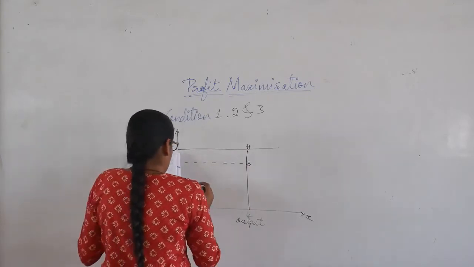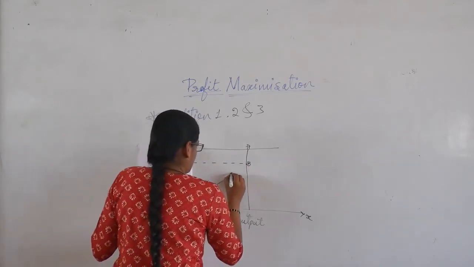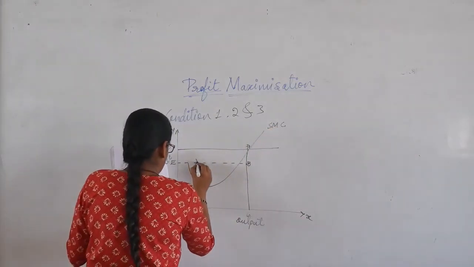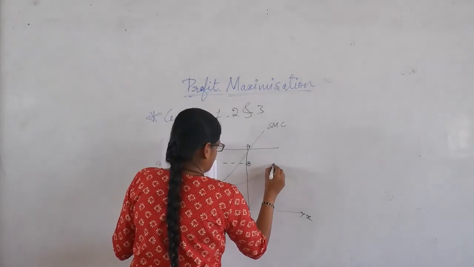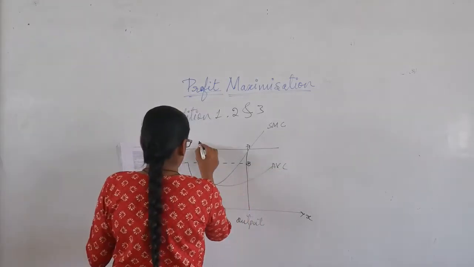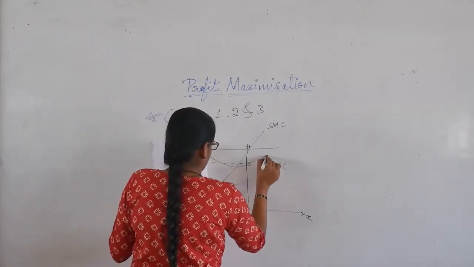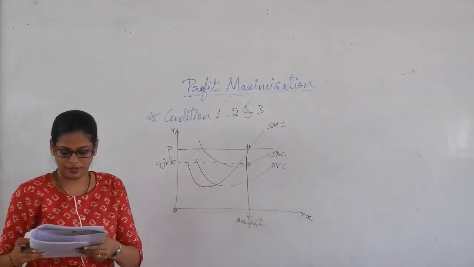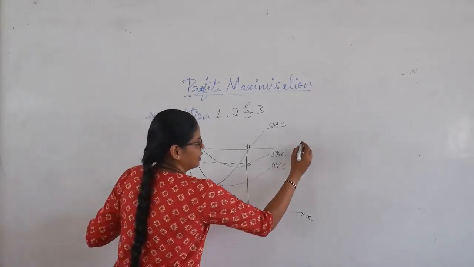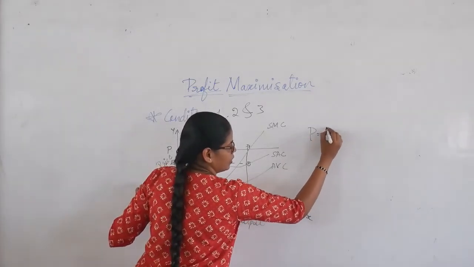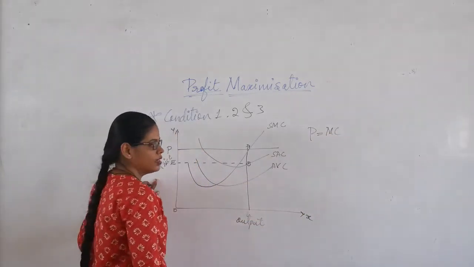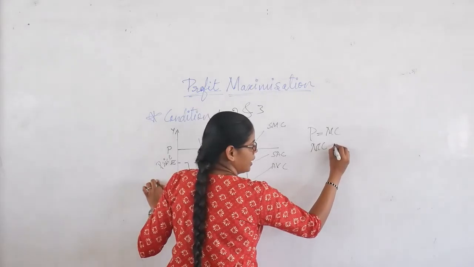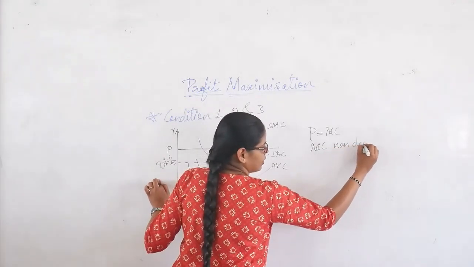Now this is marginal cost, this is average cost, and this is the short run average cost curve. The first condition talks about price equal to marginal cost. The second condition talks about the marginal cost curve being non-decreasing.